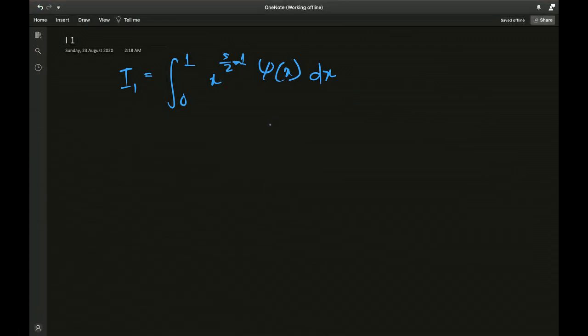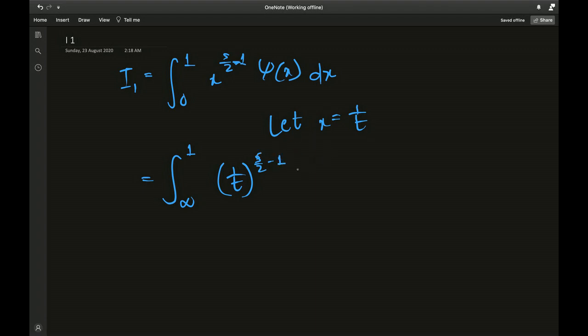Okay, this is indeed I1 as discussed. I'm going to make a nice substitution. Let x equal 1 over t. So when I do that, I'll have infinity here and 1 here. Then we have 1 over t to the s over 2 minus 1, psi of 1 over t, and the dt.